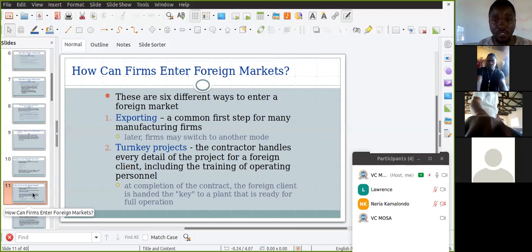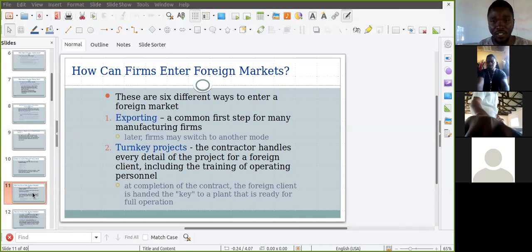Turnkey projects. The contractor handles every detail of the project for a foreign client, including the training of the personnel that it is dealing with.